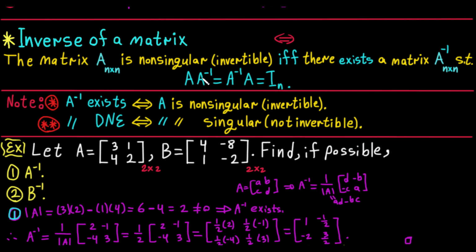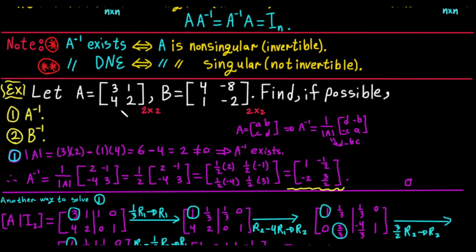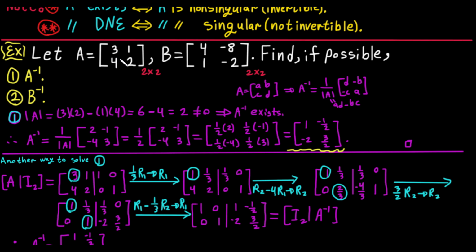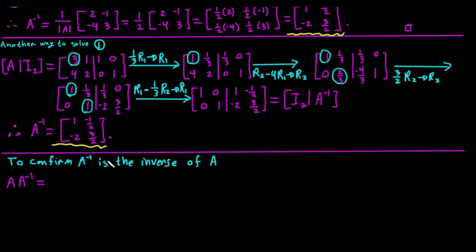A multiplied by A inverse has to be equal to the identity. So A multiplied by A inverse: A is 3, 1, 4, 2, and the inverse as we got it here is 1, negative half, negative 2, 3/2.